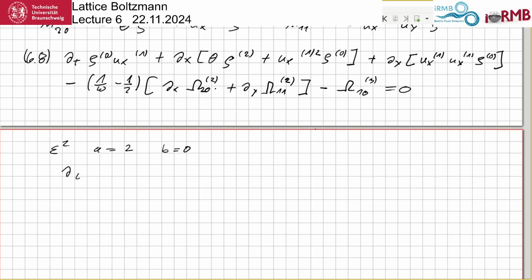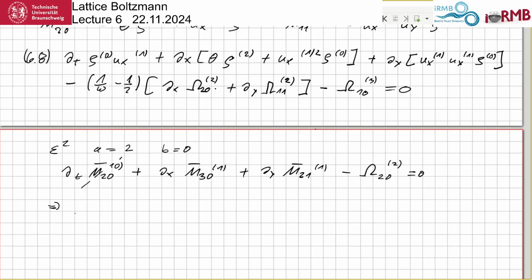Then we get dt M20 of 0 order, because this is constant, it disappears right away, plus dx M30 first order plus dy M21 first order minus omega 20 to second order is 0.